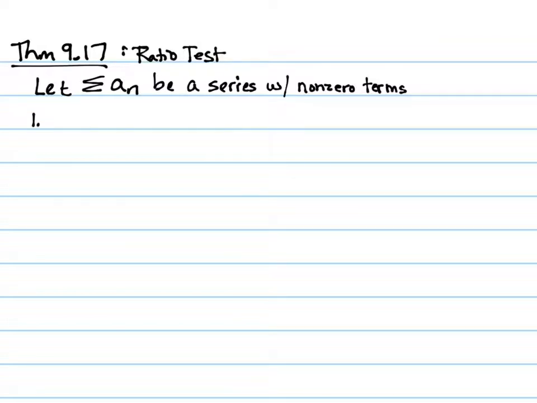There's three possible things that can happen. The series, summation of a sub n, converges absolutely.